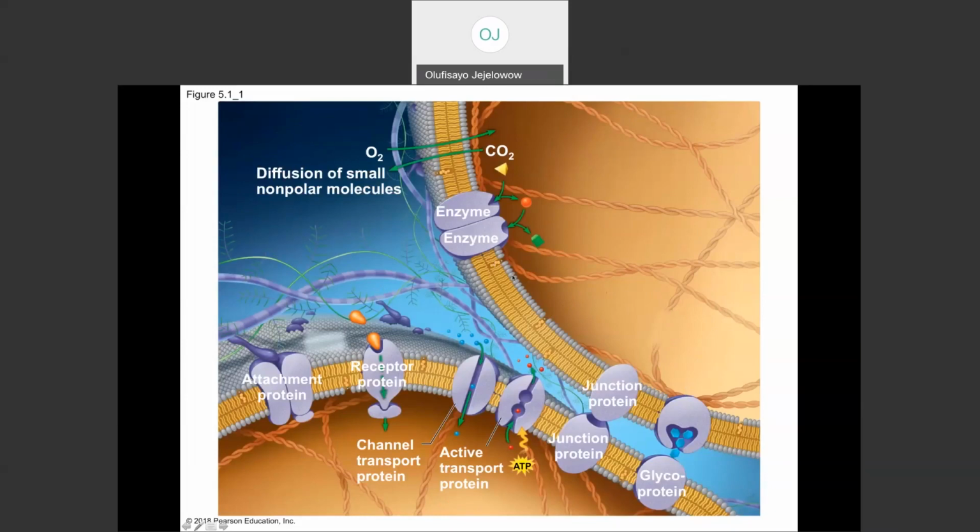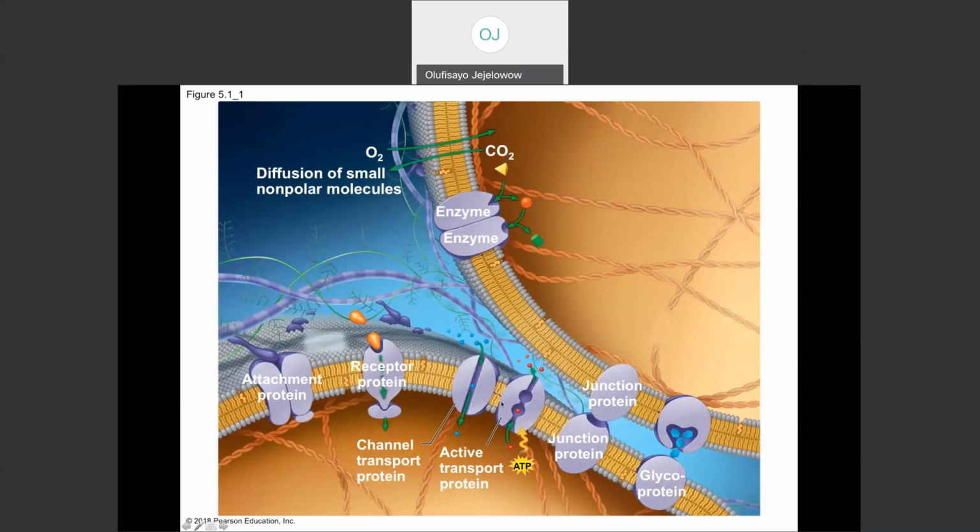They have proteins suspended in the phospholipid bilayer that speed up the rate of chemical reaction, acting as enzymes. Glycoproteins help to recognize the other cells and molecules outside of the membrane. Junction proteins help cells in multicellular organisms to stick together.